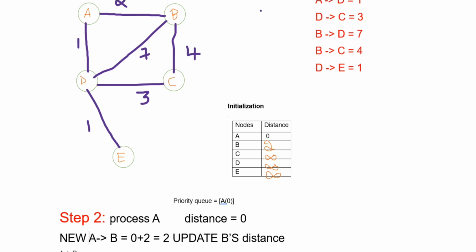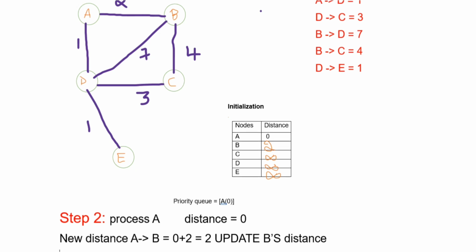The new distance to B is the distance of A plus the A to B weight, which is 2. So update B's distance to 2.